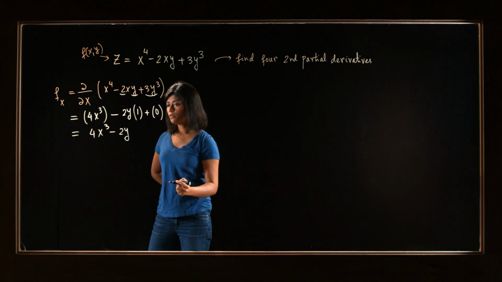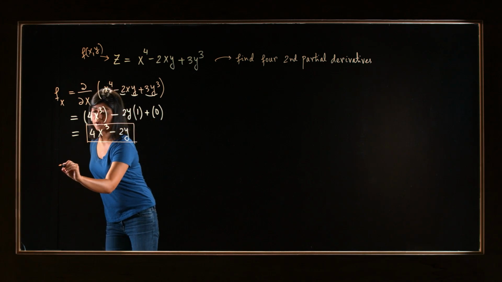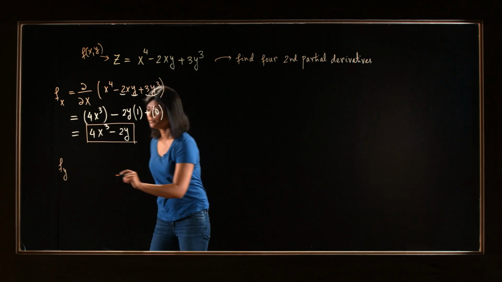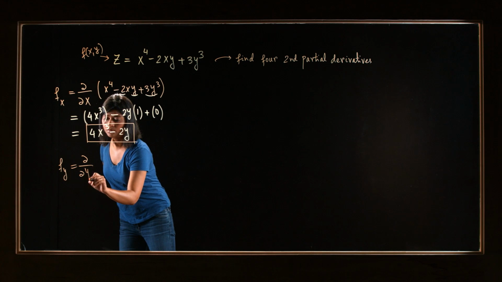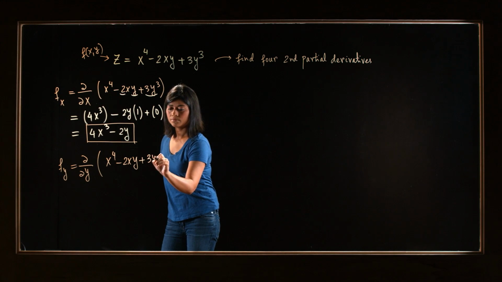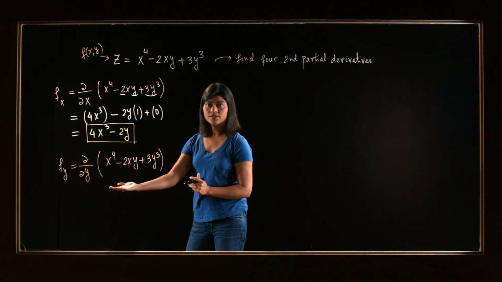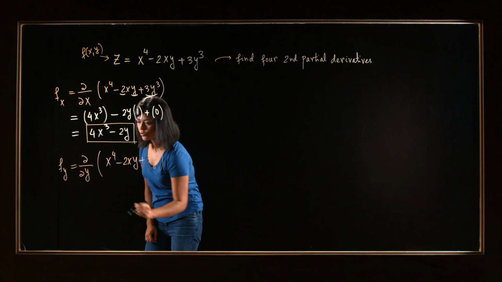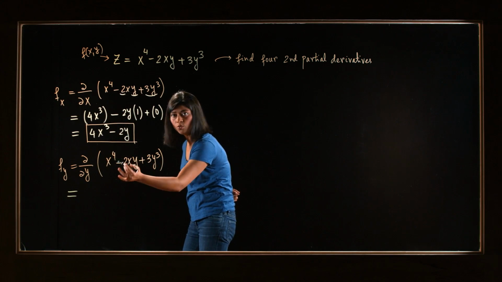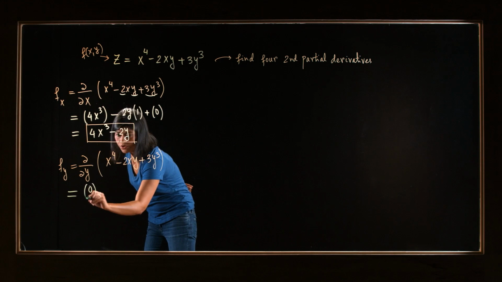Okay. Now let's compute the second one. So fy. What is the partial derivative with respect to y of this function? Now we are taking the derivative with respect to y, and therefore x will be considered constant. So keeping that in mind, let's look at each term. The first term has x to the 4th, no y at all, so the entire thing is constant, therefore the derivative is 0.